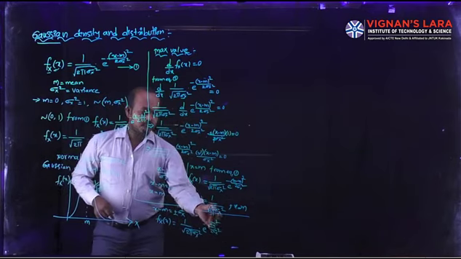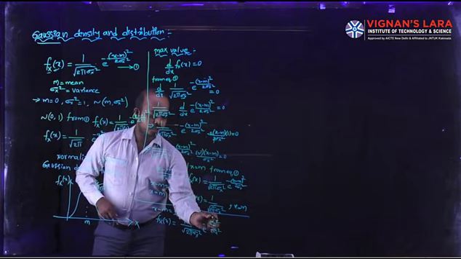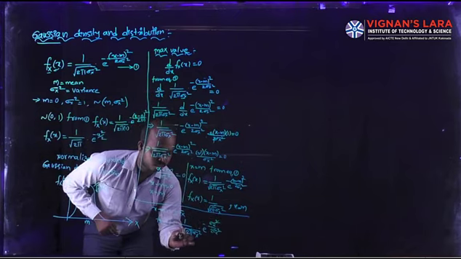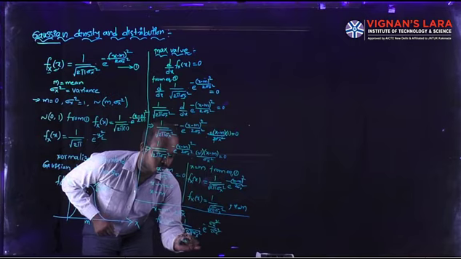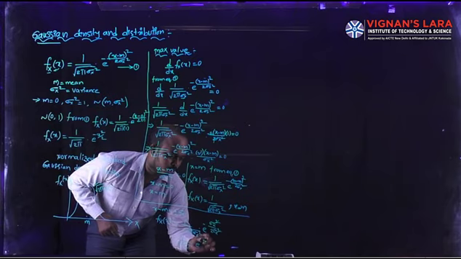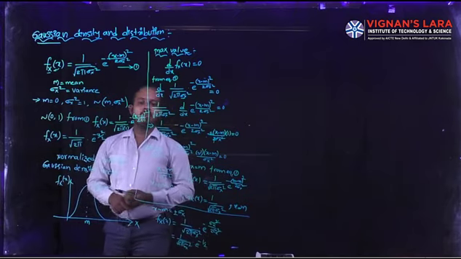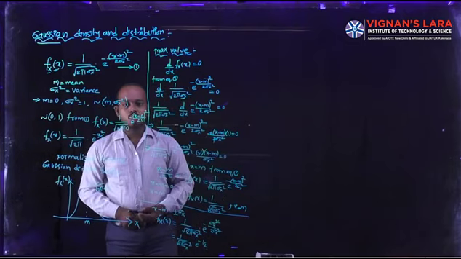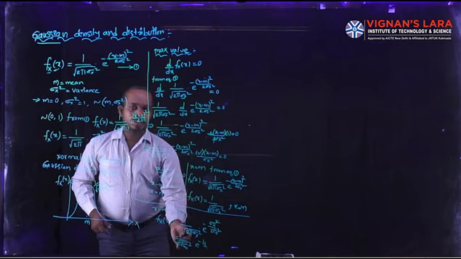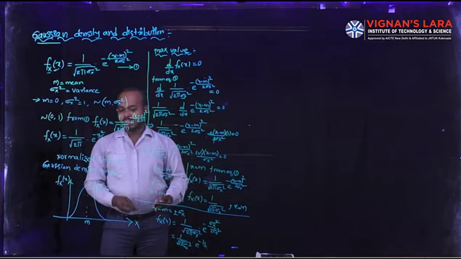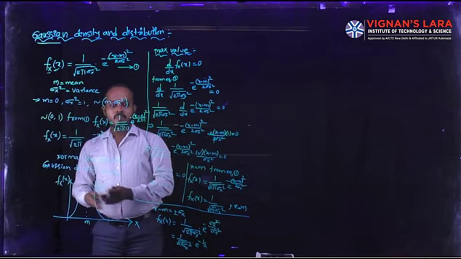In numerator and denominator both have the same coefficient, so we can cancel these two terms. The remaining term is 1 divided by square root of 2 pi sigma x square into e power minus 1 by 2. That e power minus 1 by 2 quantity multiplies the maximum value. You represent this value in the direction of the mean.